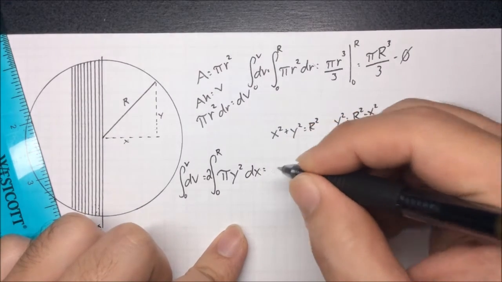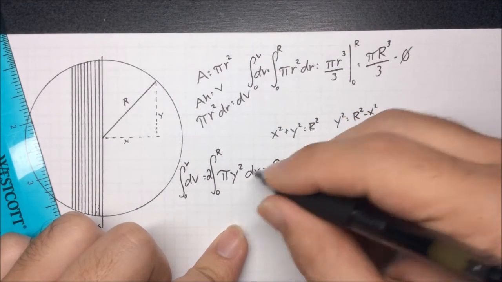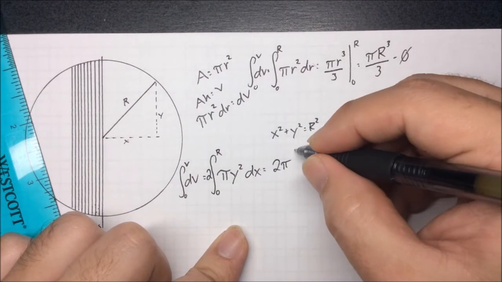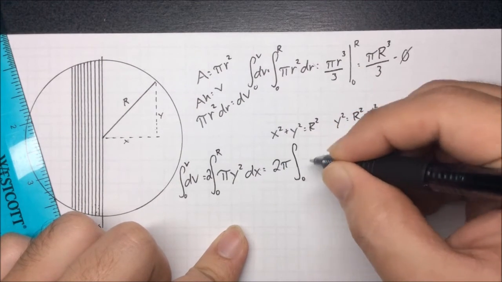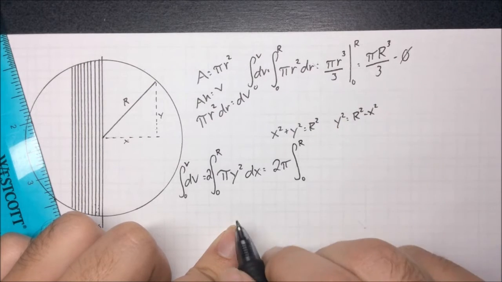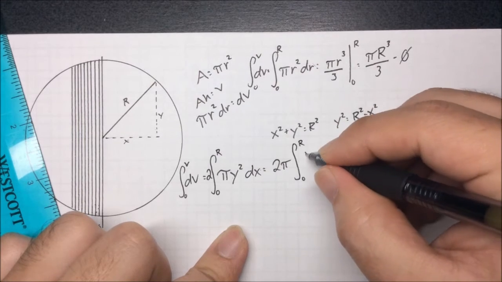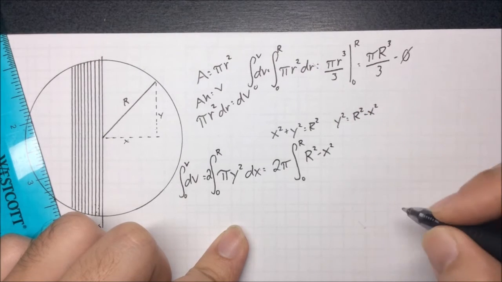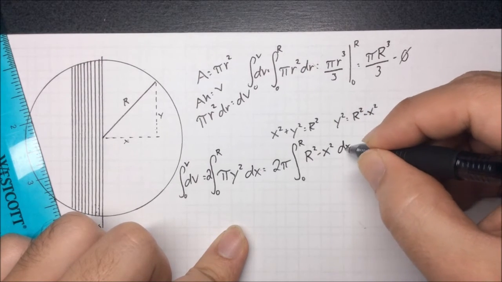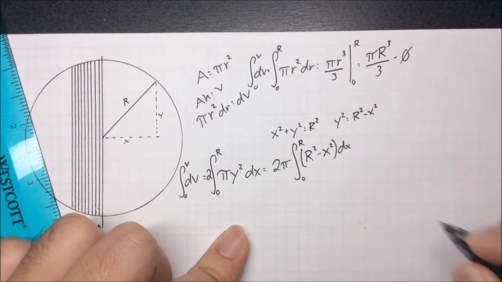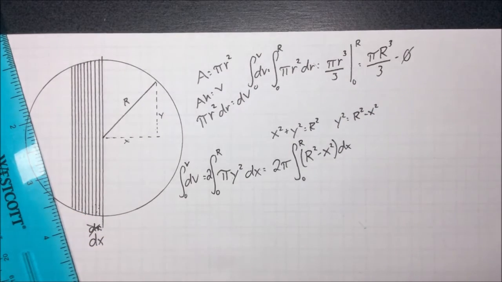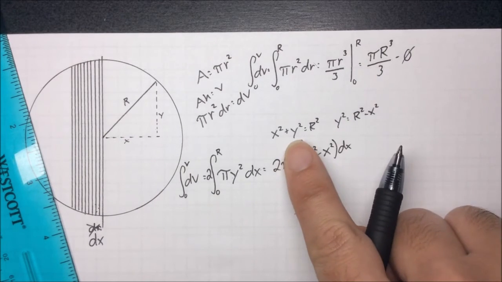So that's going to be right here. So I've got a 2 out here. I'm actually going to move that pi out there too. Constants we can move out of the equation there. We are integrating from 0 to r. We've got a y squared, which is now r squared minus x squared. And we're going to have this dx here, and it's going to be applying itself to both of those. Okay? So we have now the ability to integrate this. And we're going to integrate one term at a time.